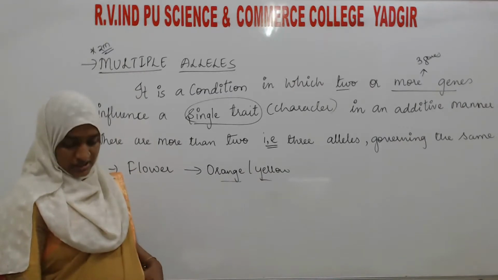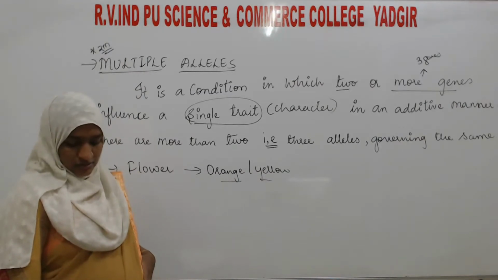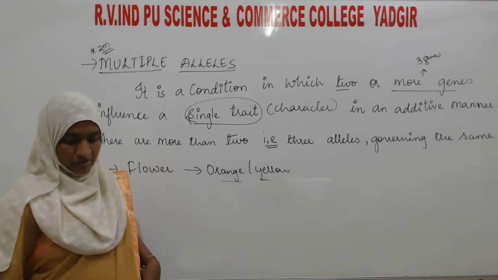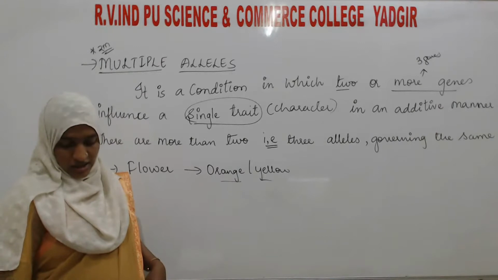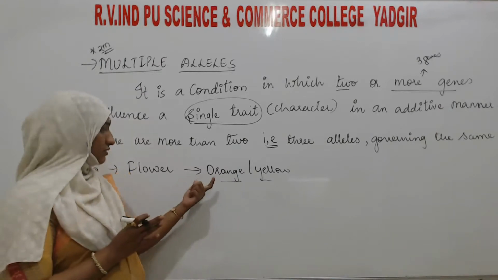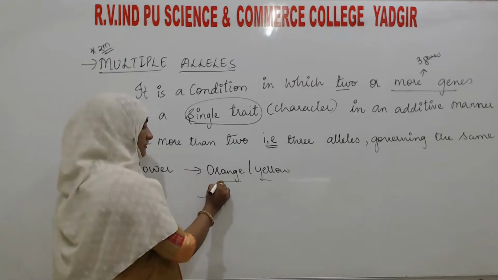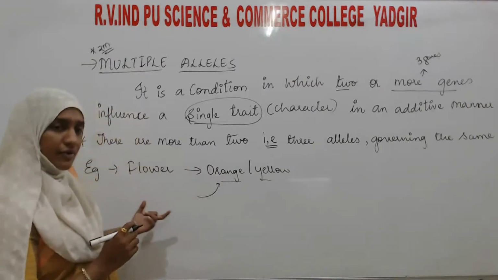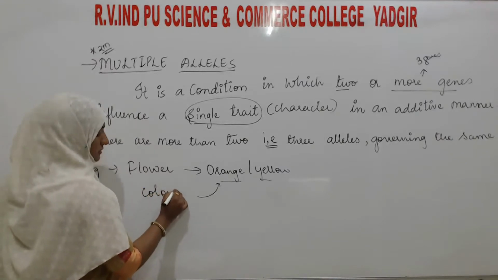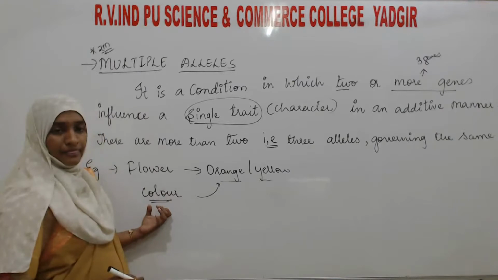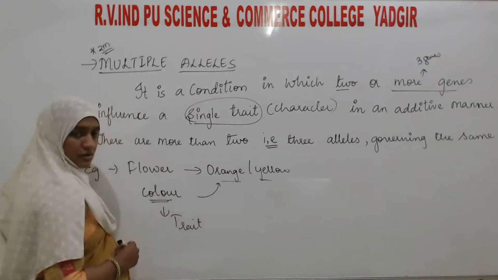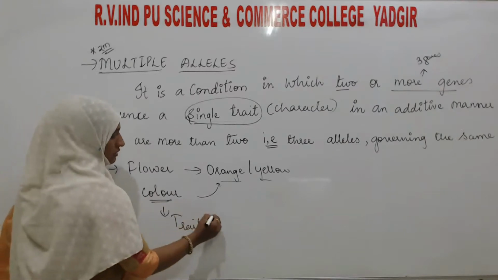By observing and studying plants and the methods by which they mutate, early researchers discovered more about the gene which determined the flower color. What is the trait here of the particular flower? That is the color of the flower. This is the trait, the character.